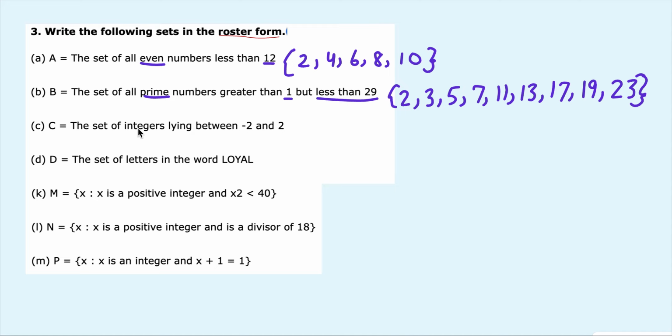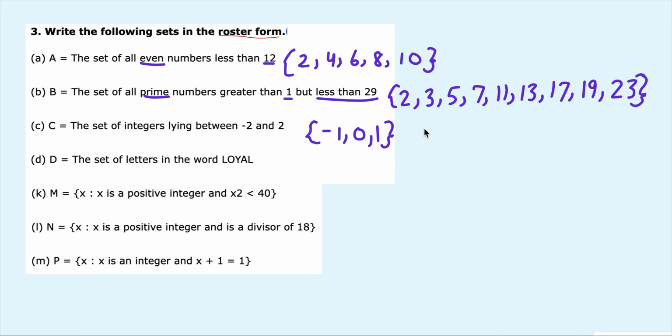Next it says set C contains integers lying between negative 2 and positive 2. So we're going to do the same thing, put our braces and the numbers between negative 2 and 2, so that would be negative 1, 0, and 1.